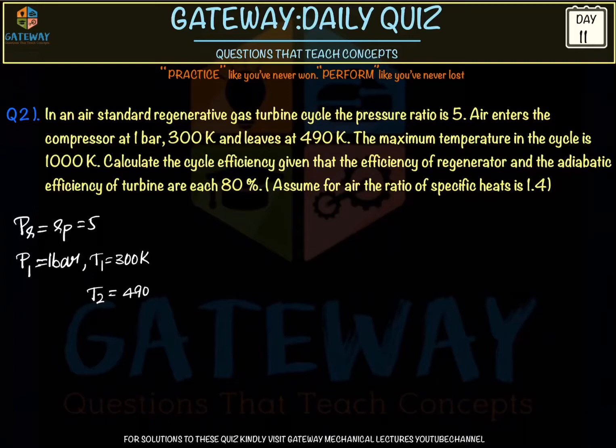Since the pressure ratio is P2 upon P1, our P2 comes out to be P1 into 5, nothing but 5 bar. So the pressure and temperature at state points 1 and 2 are obtained. P2 was known, and also the maximum temperature in the cycle. Always the maximum temperature in the cycle is after the combustion, that is at T3, and the given value of the maximum is 1000 Kelvin.